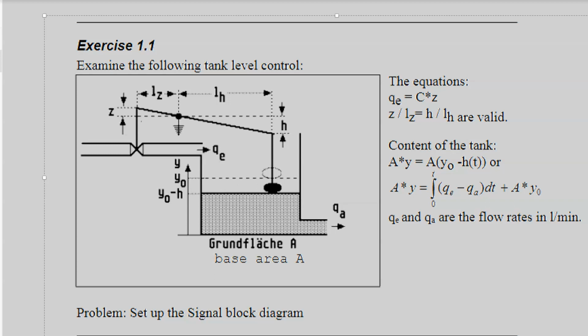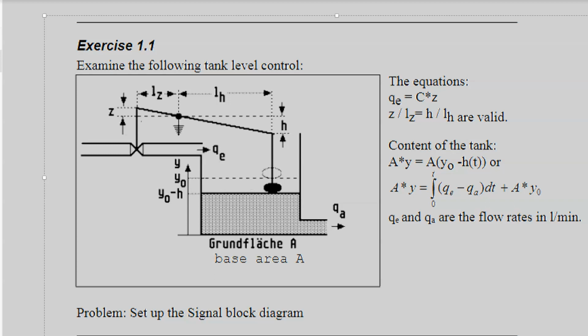So unknown. The goal is to have the same pressure here. The pressure depends on the height of the water, so the height should be constant.